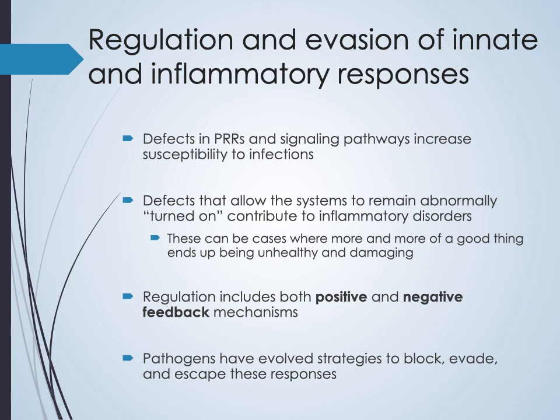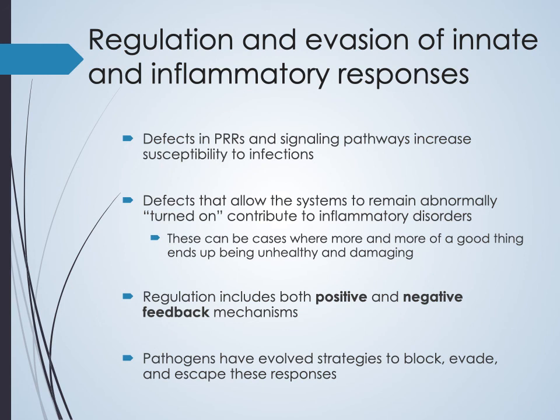So next we're going to look at some of the regulation and evasion of innate and inflammation response. So keep in mind, if you're a pathogen, you want to have strategies in order to block or evade these responses. But as us, the host, we also want ways in order to regulate that. And so as the host, we could have defects in our pattern recognition receptors or the signaling pathways, and that would lead us to be more susceptible to infections, right?